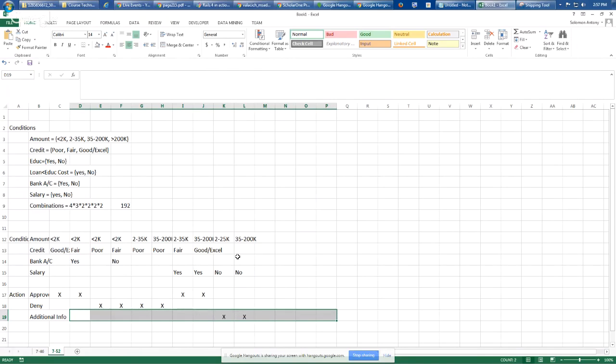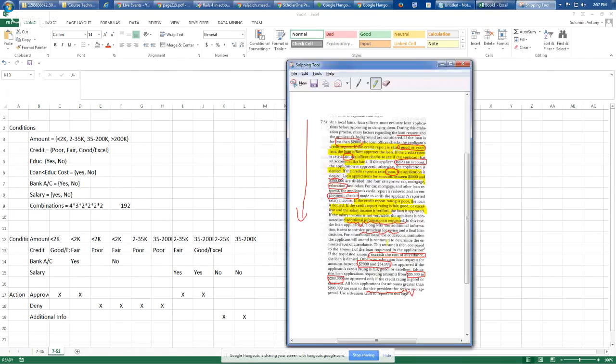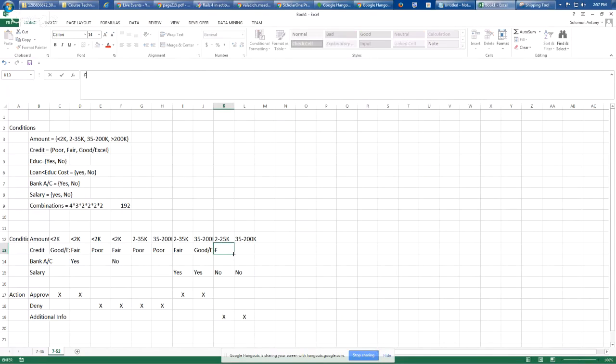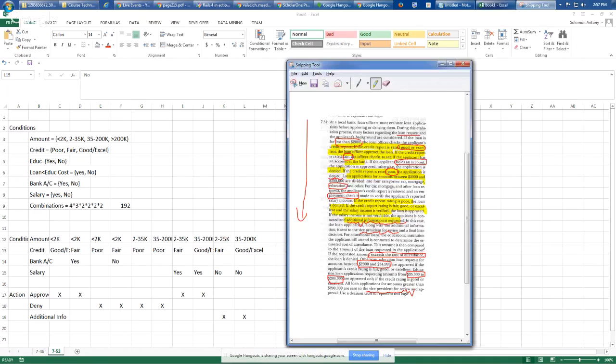Again, it has to be fair or good or excellent. So that is the next case. Along with that, additional information is sent to the vice president for review.